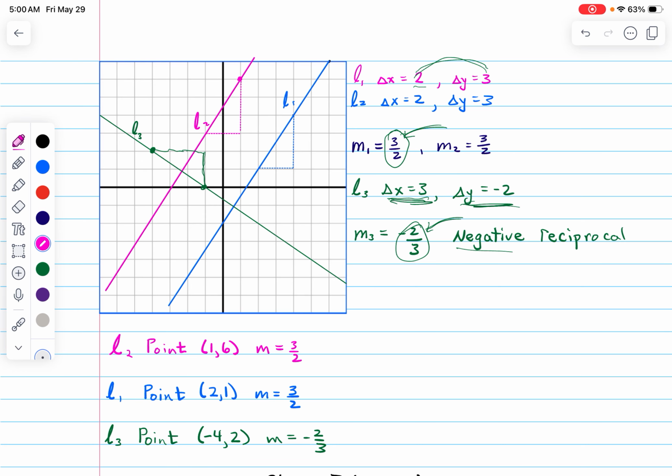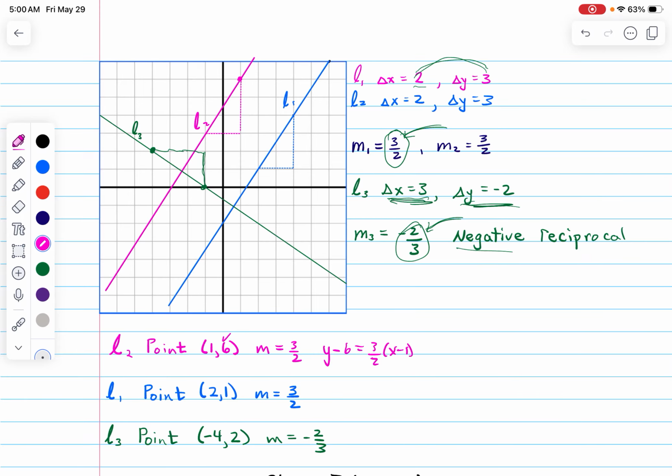So look, here's what I have. I know the slope is 3/2. So here's what I want to do. I want to say y minus the y, 6, equals the slope times x minus the x of the point.